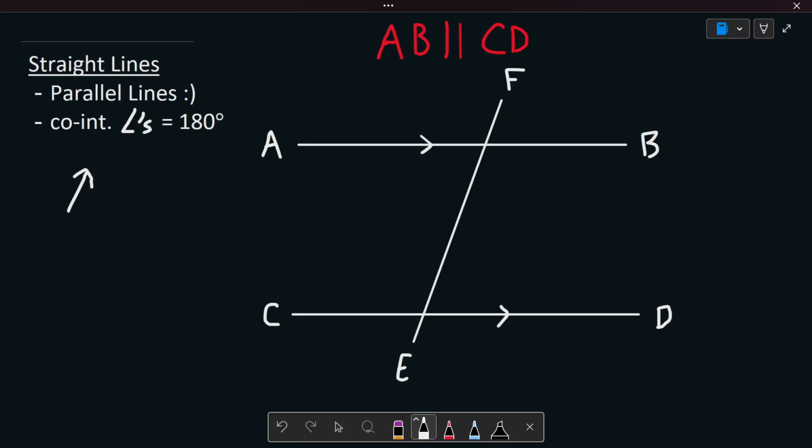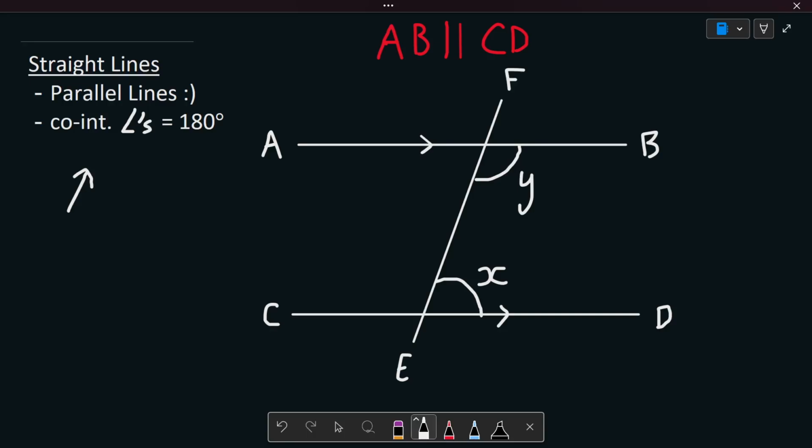which is EF. And we are shown that this angle over here is our angle X, and this angle, it should be pretty obvious to you at this point, angle X is much smaller than this angle, so we're going to call this angle Y. We can see that these two angles are not the same, because Y looks like an obtuse angle, which is an angle greater than 90 degrees and smaller than 180 degrees, and X is an acute angle, which is any angle lower than 90 degrees.